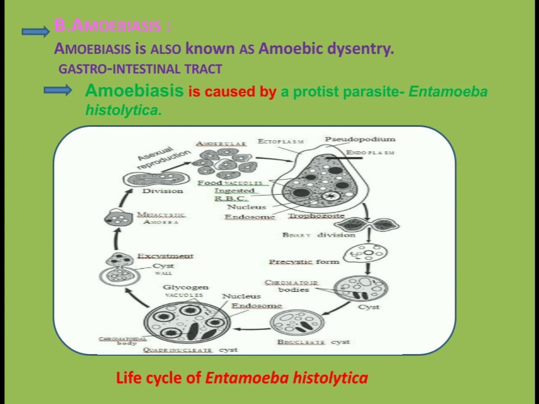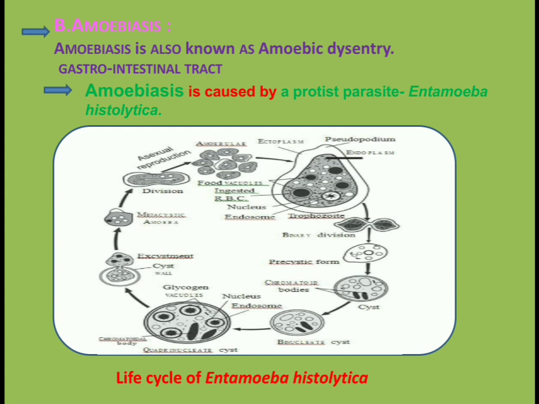That means further development occurs and a metacystic amoeba is formed, and after that asexual reproduction occurs and daughter amoebae are formed. In this way the life cycle of Entamoeba histolytica is completed.